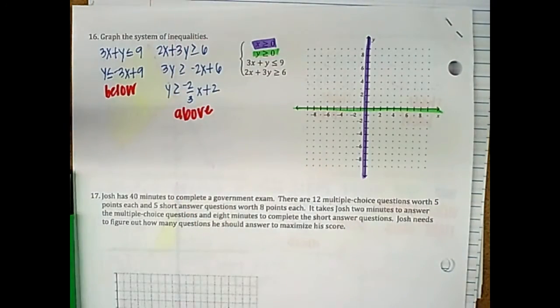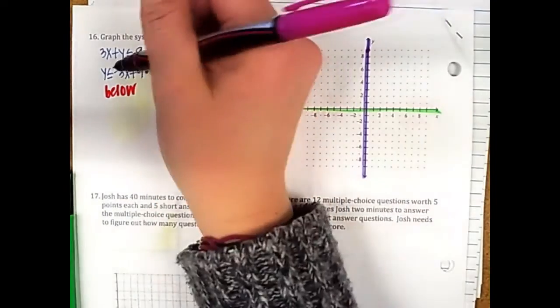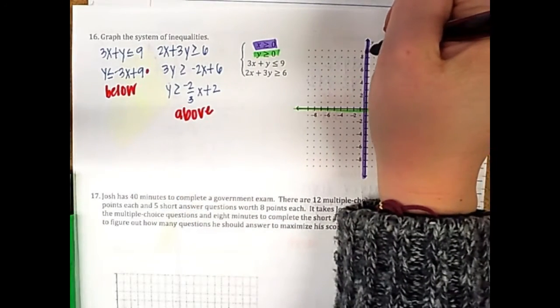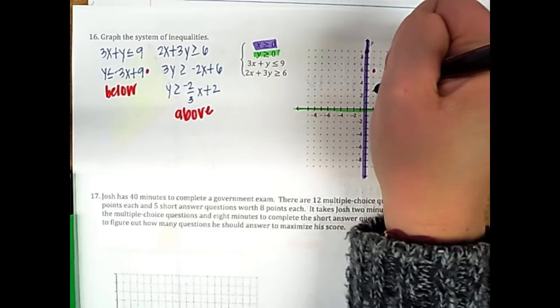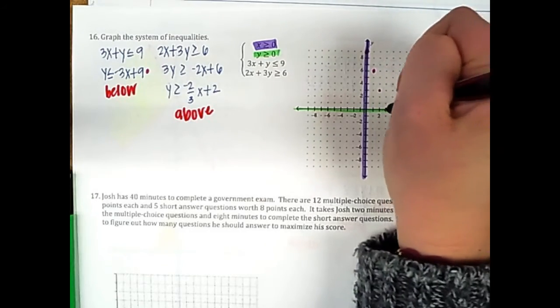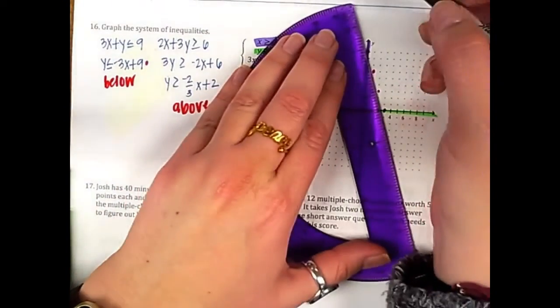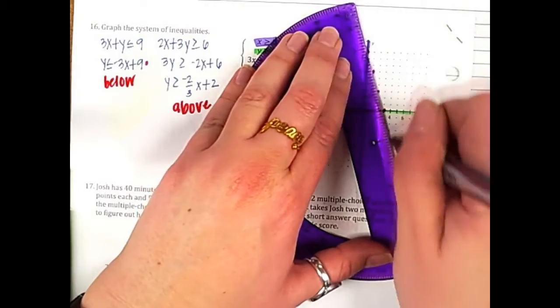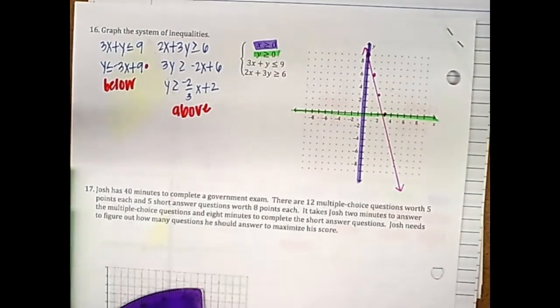Okay, so I'm going to graph that one in pink. So we start at 9. My slope is negative 3. So we go down 1, 2, 3 over 1. Down 3 over 1. And I can graph my line. Ooh, that was not a good line.